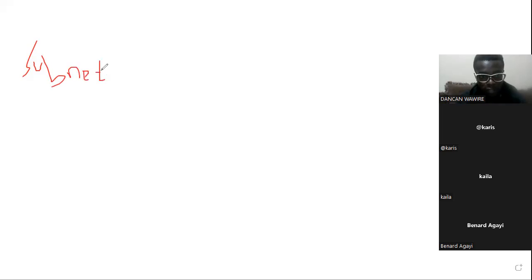Hope you can see my board now. We have defined subnet before as the division of a network into subnetworks, but that one is in layman language. Subnetting, or dividing a network, is defined as the procedure of dividing a single class A, B, or C network into smaller networks, into smaller pieces.